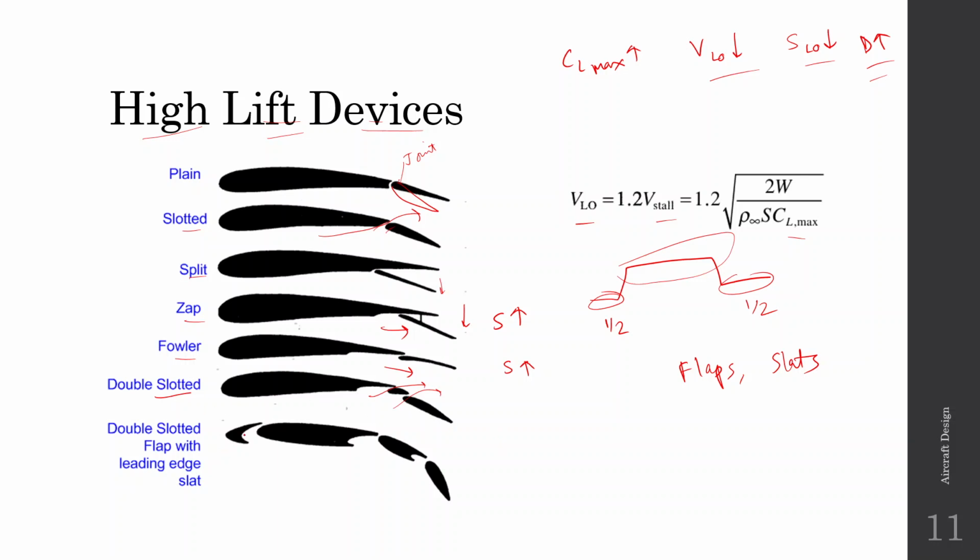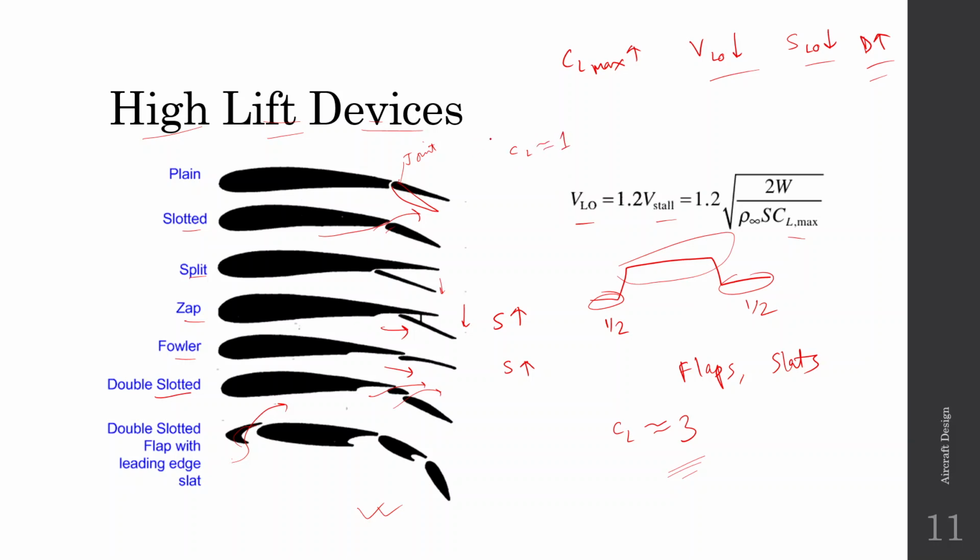Another thing you can do is you can put slat. Slat is like this flap only, but it is positioned at the leading edge of the wing. It might also have a slot like this from which the air can pass. So again, this mechanism also increases the CL. And if you want some numbers, then with these kinds of flaps, the CL can reach in the range of 3, whereas with the plain wing or plain flaps, the CL approximately is in the range of 1.